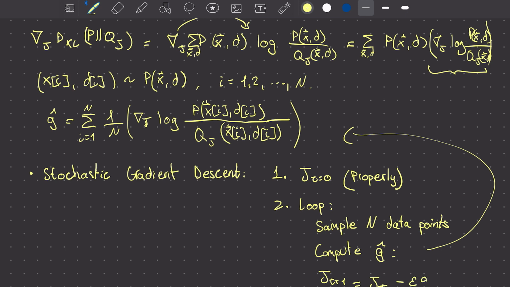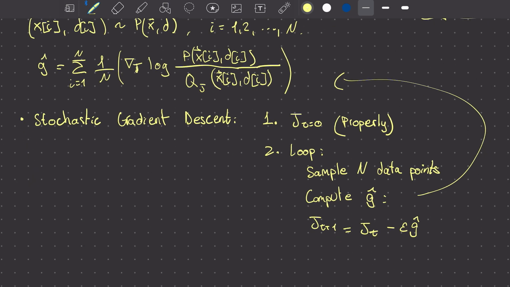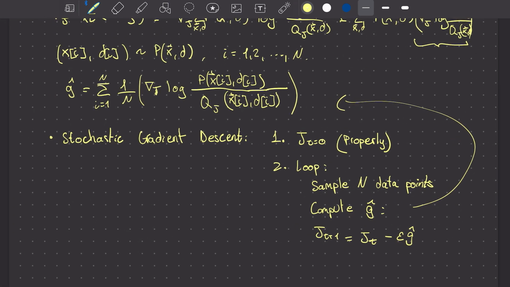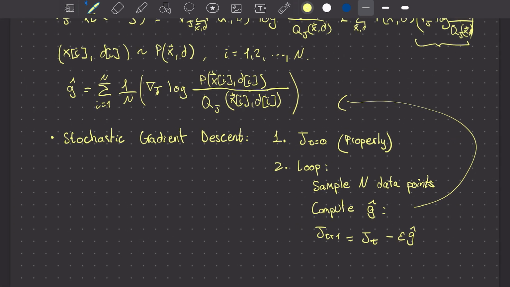We would just subtract this times the epsilon. All right, fair enough. This is how ideally a stochastic gradient descent method would look.